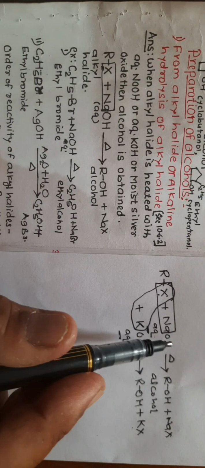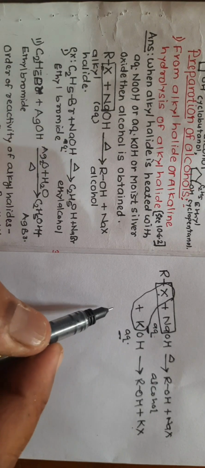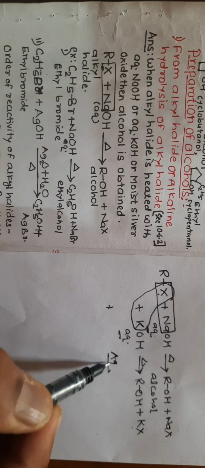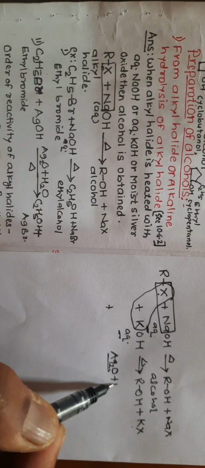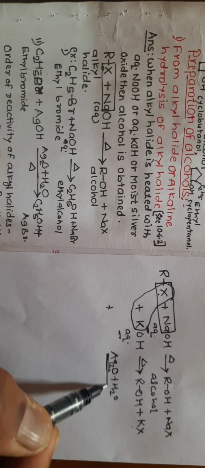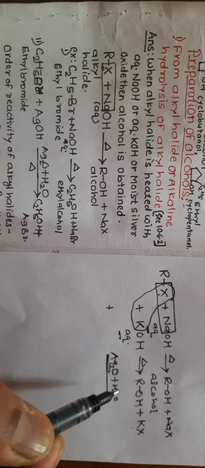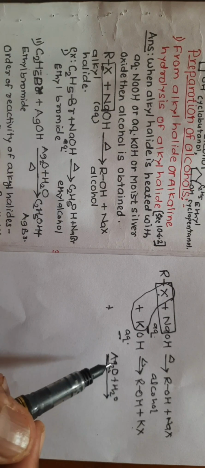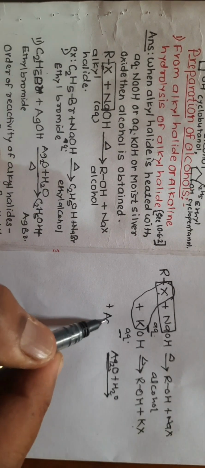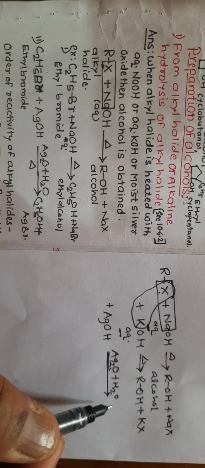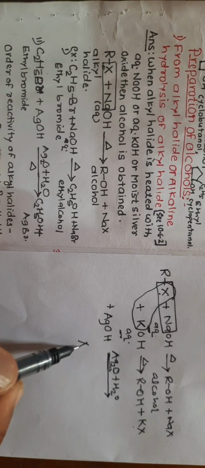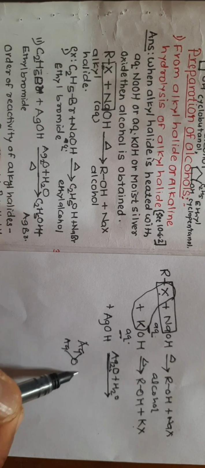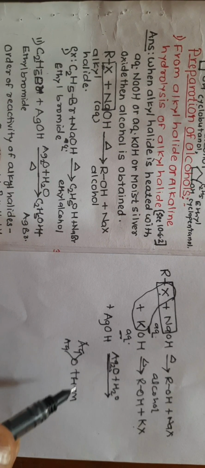Now, instead of KOH and NaOH, we can also take moist silver oxide. The formula of silver oxide is Ag2O. Moist means this Ag2O absorbs a water molecule. There is a reaction between Ag2O and H2O, and it takes place like this: Ag2O plus HOH.